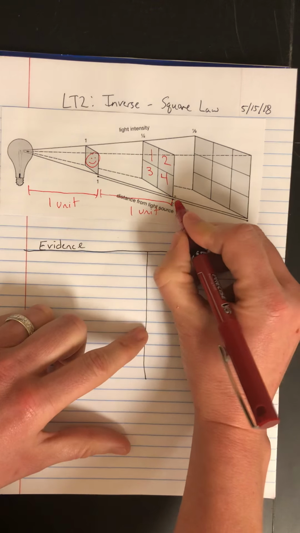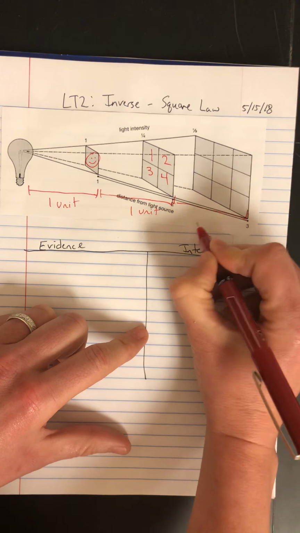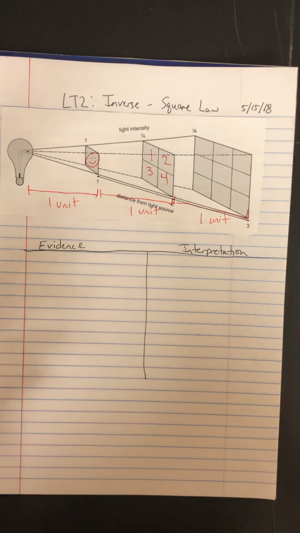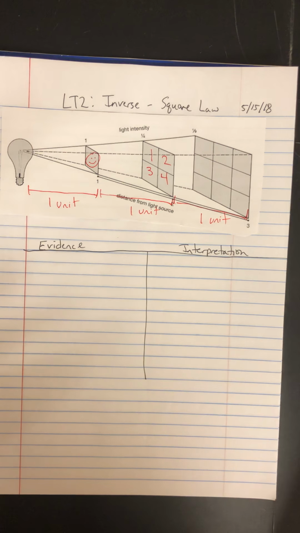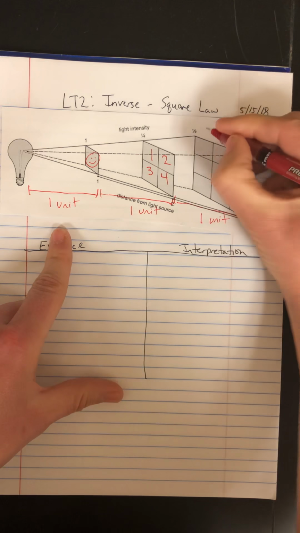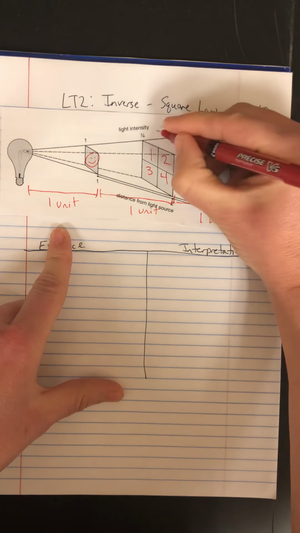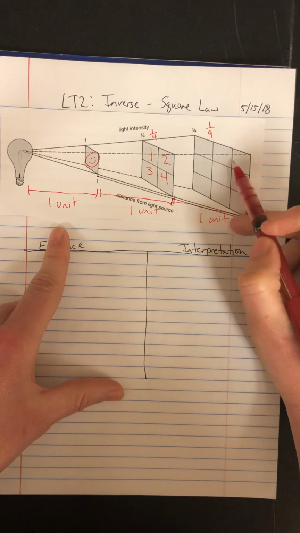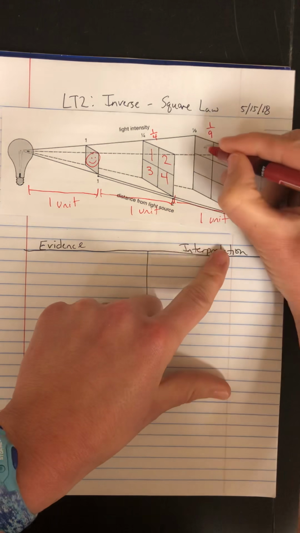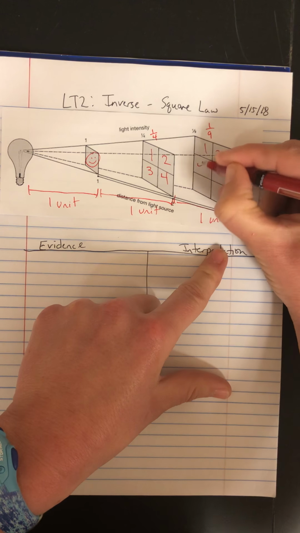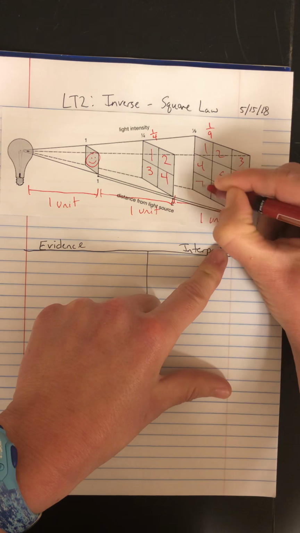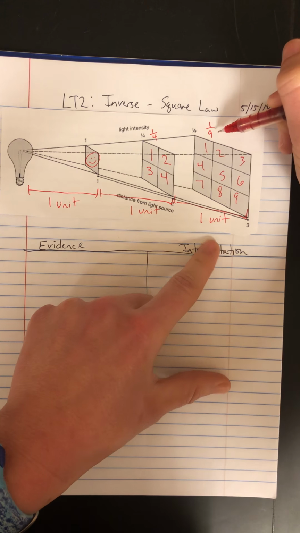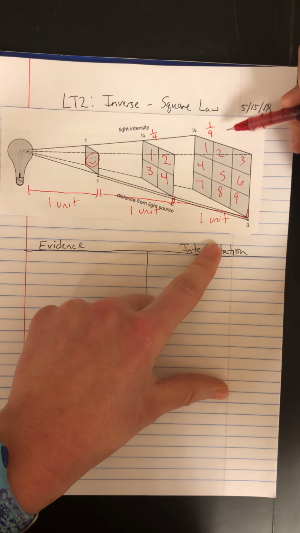So if we go out 1 more unit, now 3 times farther away, yet this is a 1/9, if you can't see that, that's a 1/4. So 3 times farther away, we cover 9 times the area, yet the intensity of the light is only 1/9.